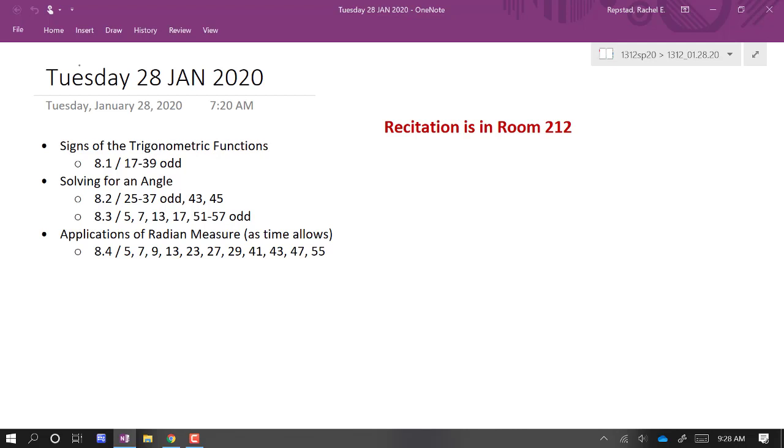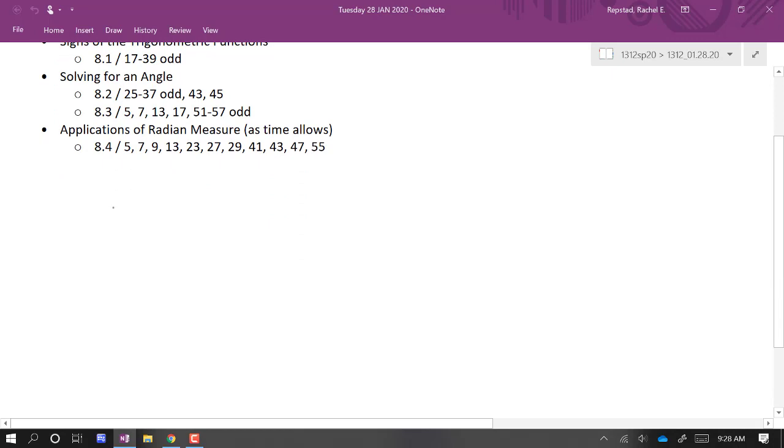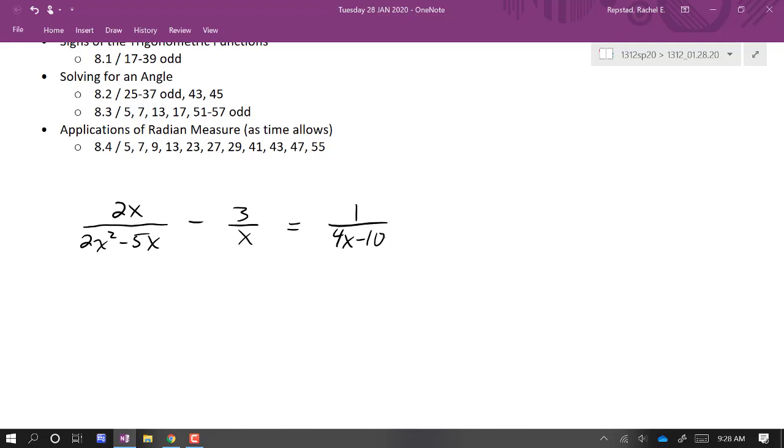So the equation that we're given looks like this. What's the first thing we do when we solve an equation that has fractions? Get rid of the fractions.